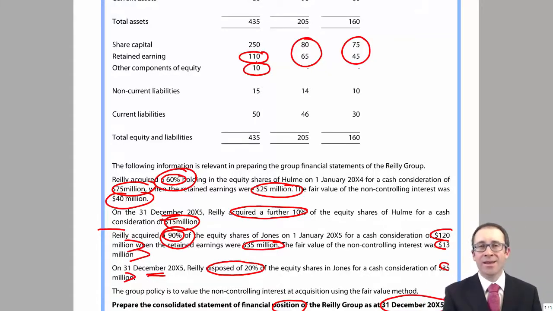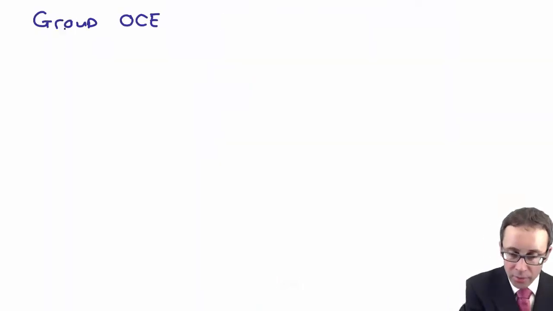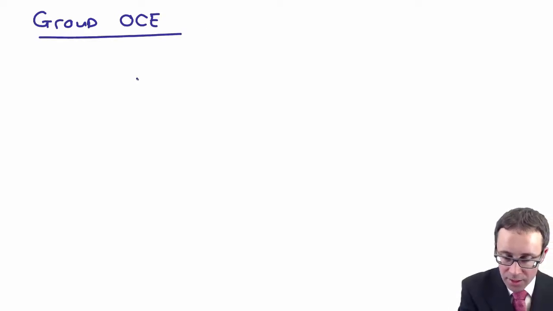That's essentially anything that's happened within the year that is not profit related. So things such as gains on revaluation, your revaluation reserve, is an other component of equity. Here it takes the debit or credit entry to your reserves from a step acquisition or a step disposal.